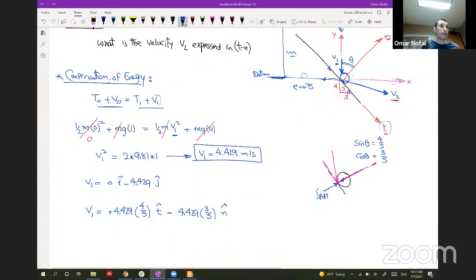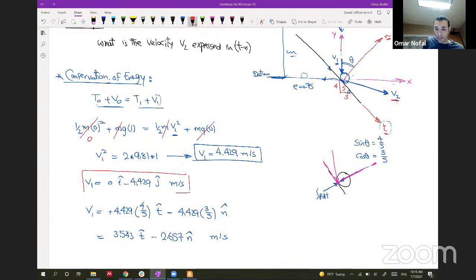If we compute these values, it will be 3.543 in the tangent direction, and 2.657 in the n hat direction, and all of these are meters per second. This is in the xy direction, and this is in the tangent normal direction.